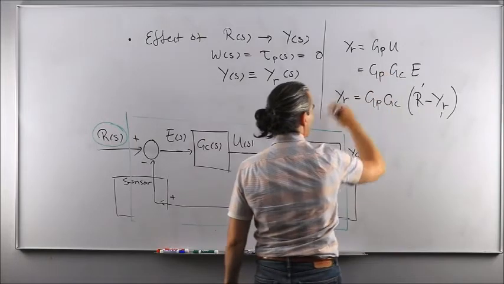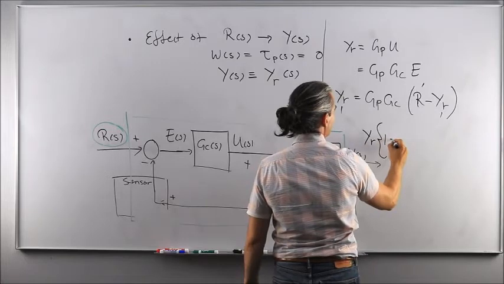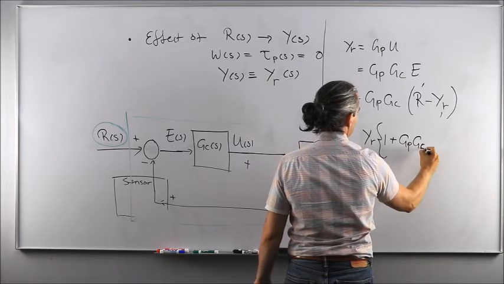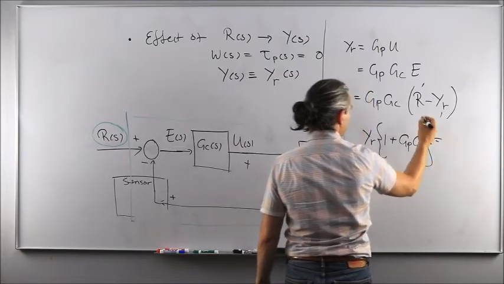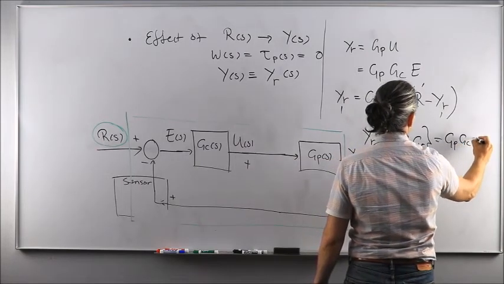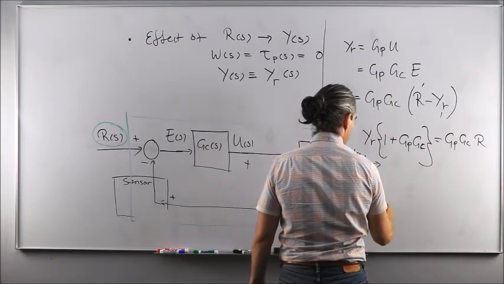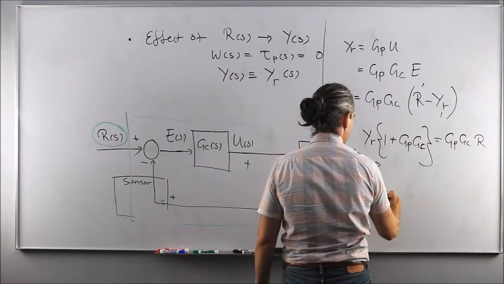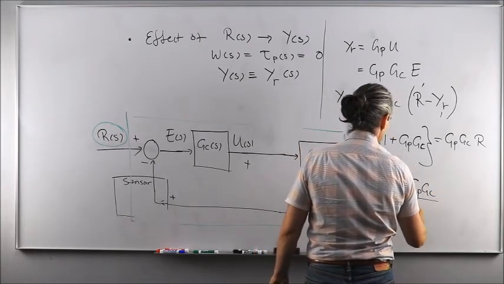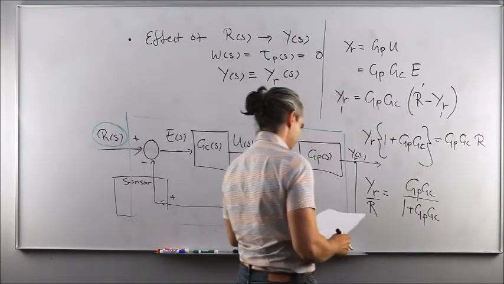So let's pull the YR on the other side and write YR multiplies 1 plus GP GC will be equal on this side to GP GC times R. And because I'm seeking the relationship between YR over the reference signal, that means that this is going to be equal to GP GC over 1 plus GP GC, like that.